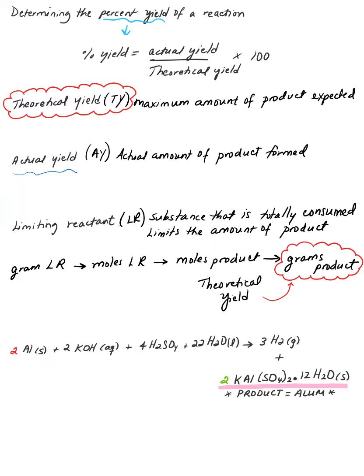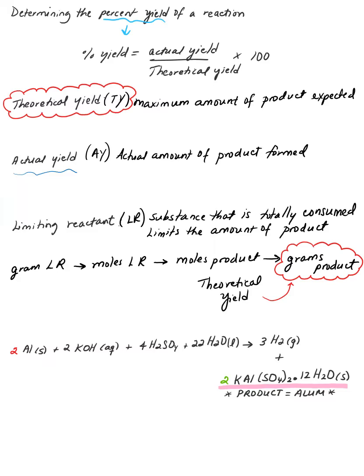The limiting reactant: usually when you have a chemical reaction, you will have more than one reactant, maybe 2 or 3. Out of your 2 or 3 reactants, one of them is going to be used up entirely.